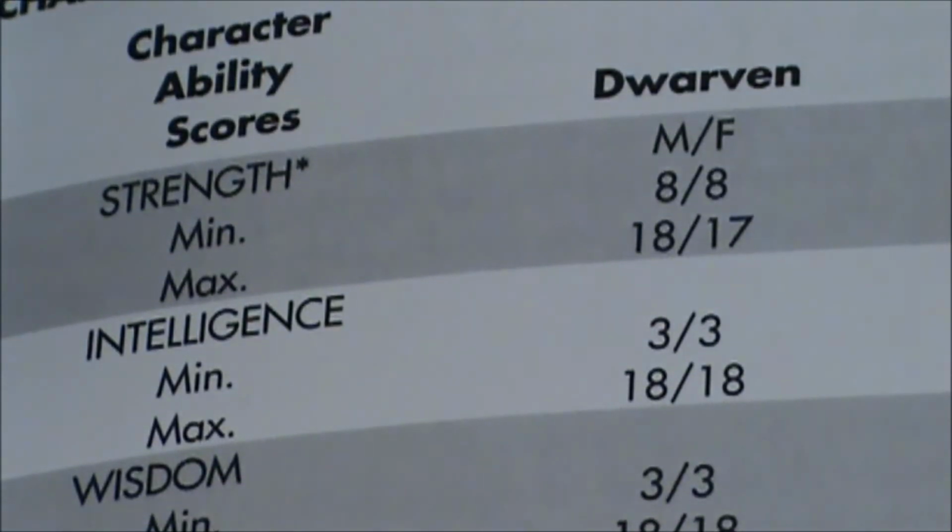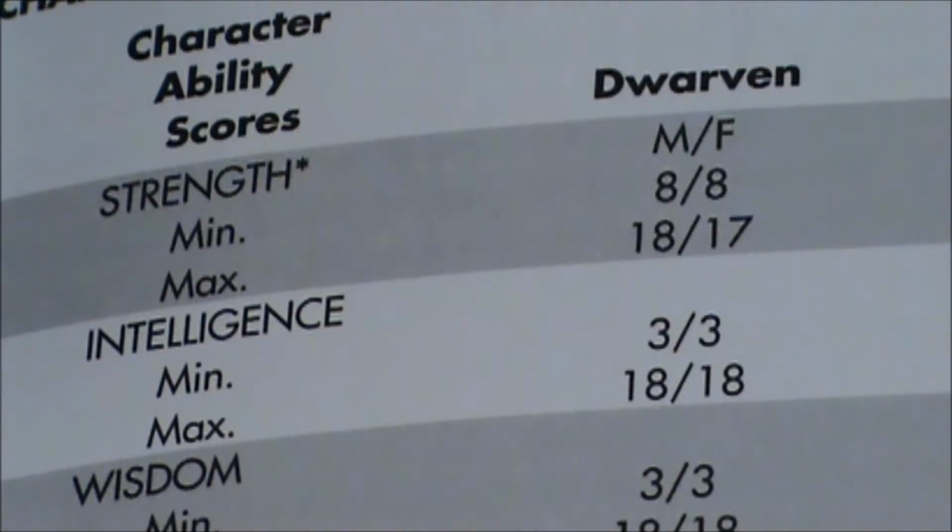We see here that being a dwarf, it's going to give you what your minimum and maximum values should be. And what we've got over here on the left is the ability score name, like strength. And then over here we see dwarven. And the M and the F, that's for male and female.